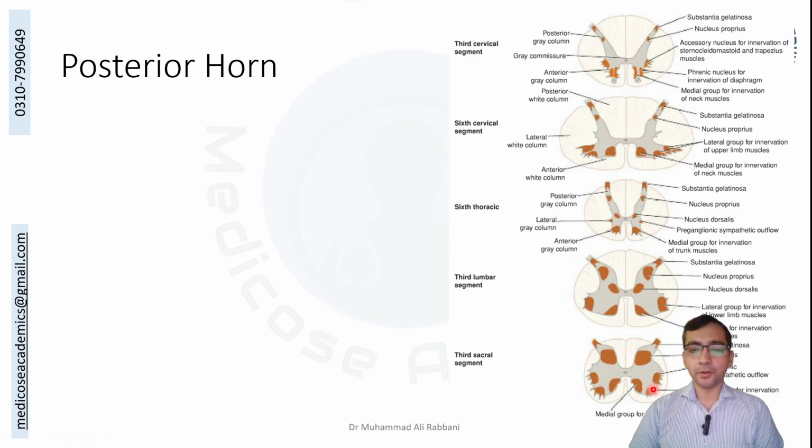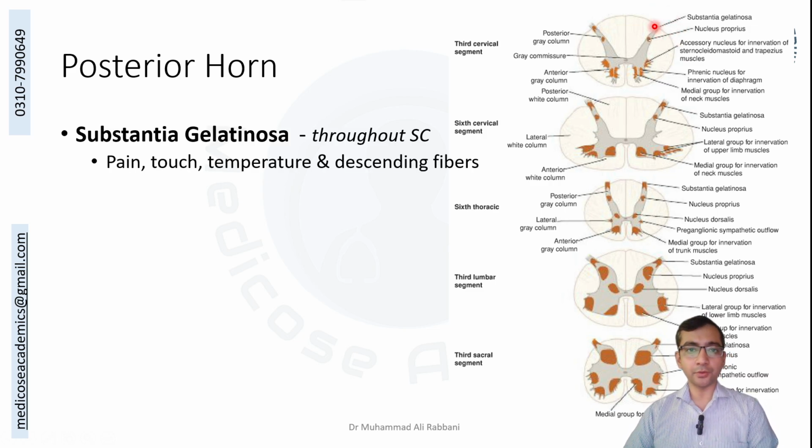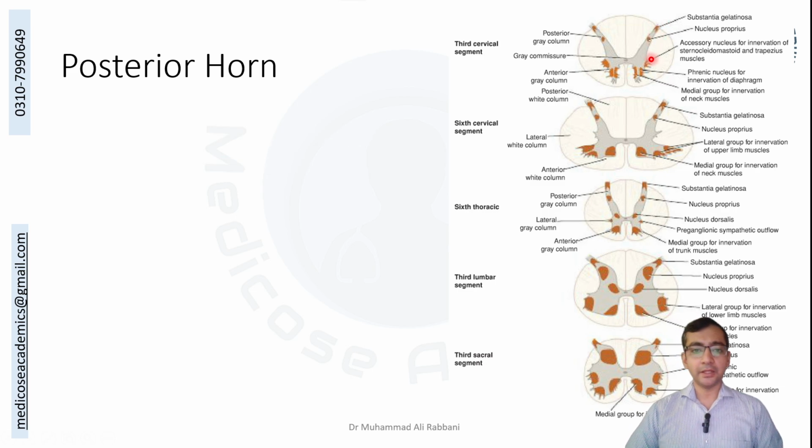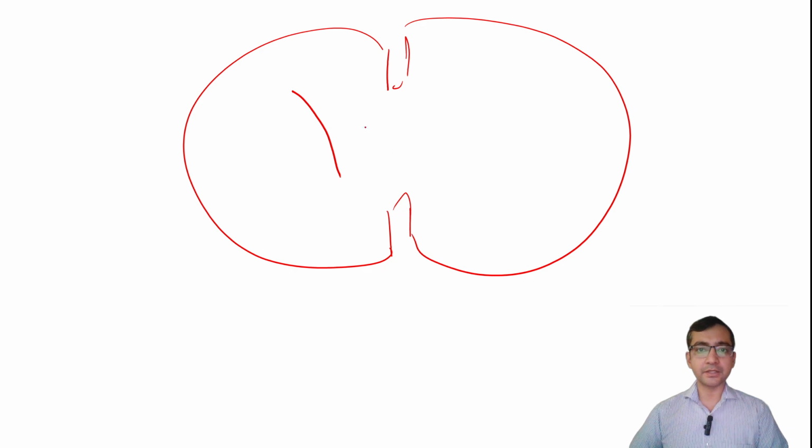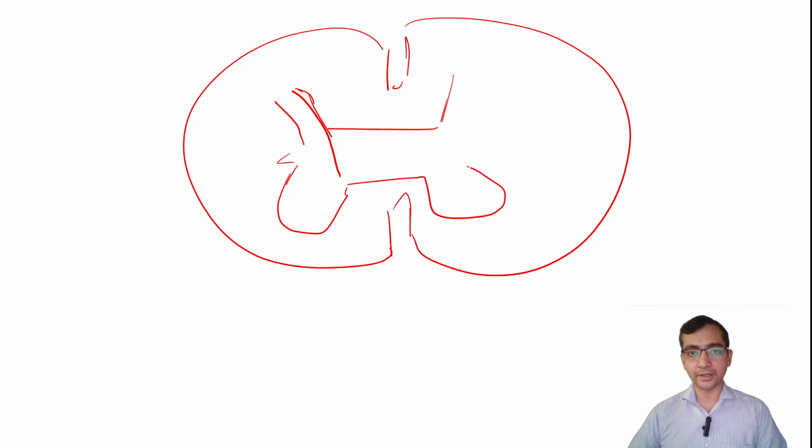Moving on to the posterior horn. The posterior horn can also be thought of as having multiple nuclei. We will be discussing four nuclei as we move from back to front. Before going there, let me discuss one more thing. If we see the spinal cord like this, in the spinal cord we will have the gray matter with ventral, lateral and dorsal horns.